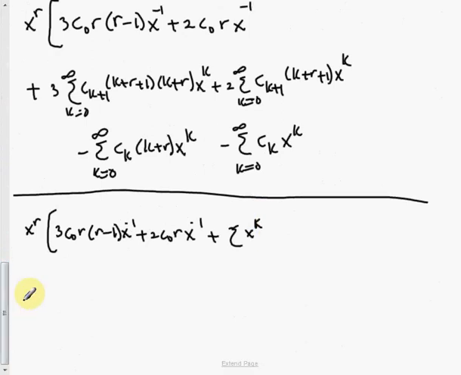Looks like I need more room to put that. So let's just put it down here.